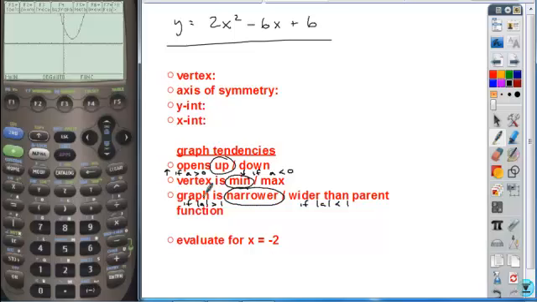And actually, if I wanted to, I can continue to answer. The one other thing that I can answer without even referring to my calculator is the y-intercept. The y-intercept is always 0, c. What's my c value for this? 6. Okay, now it turns out that I can answer this last question here on the top section as well, because in looking at my graph, does this graph ever cross the x-axis?